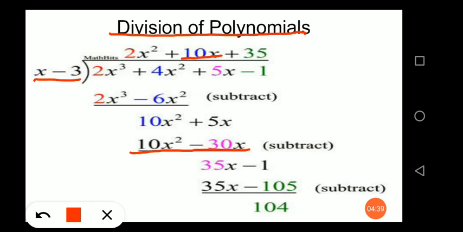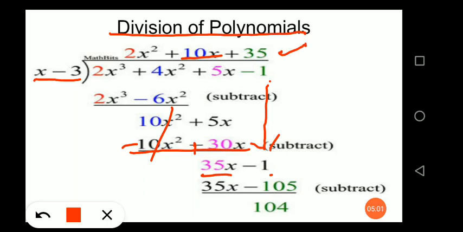Again we will subtract, the sign will be changed here and this gets cancelled. 5 plus 30 will give 35x and this minus 1 will come down from up. Again the same process, 35x divided by x will give us 35.